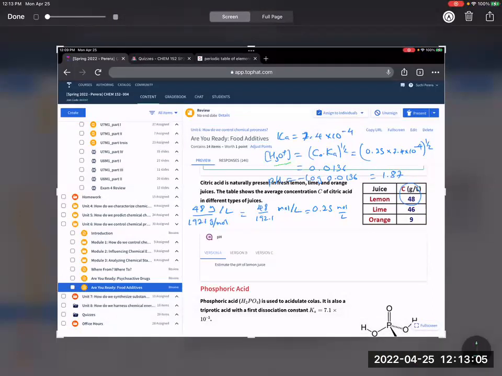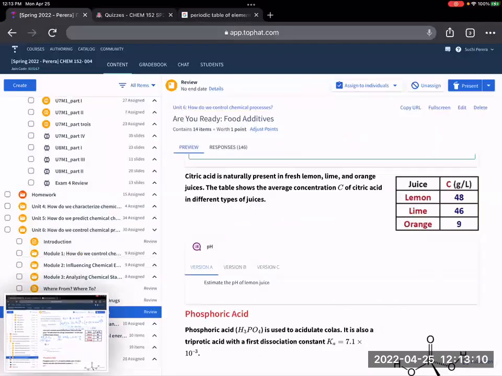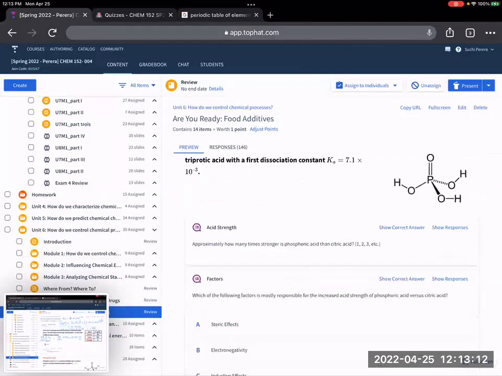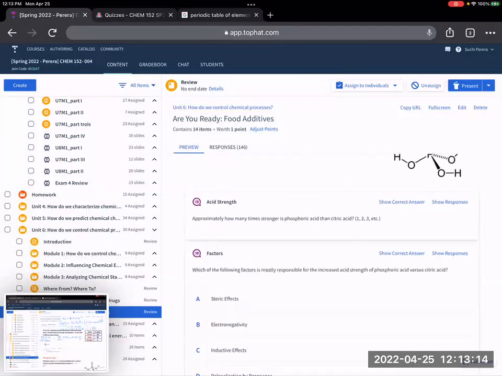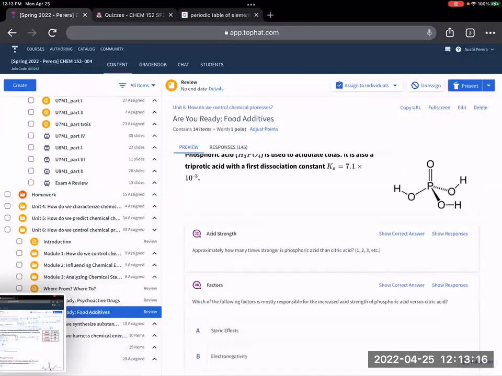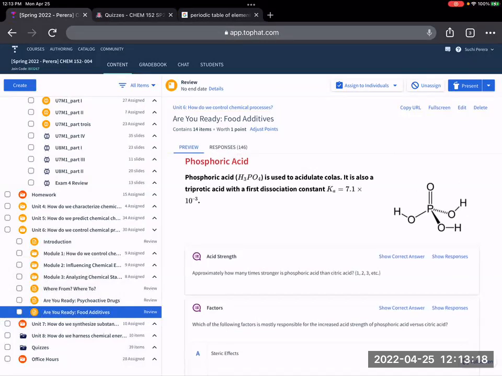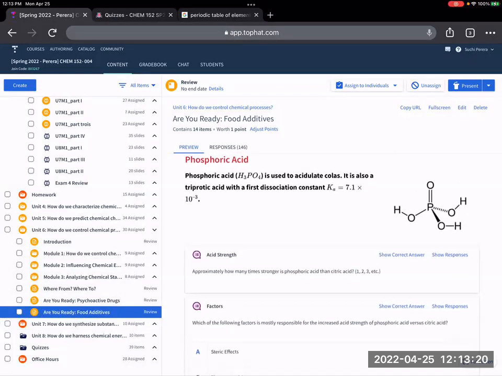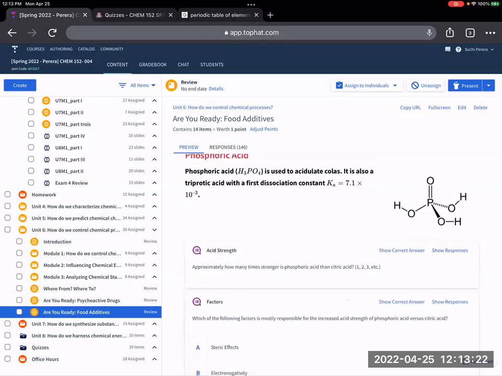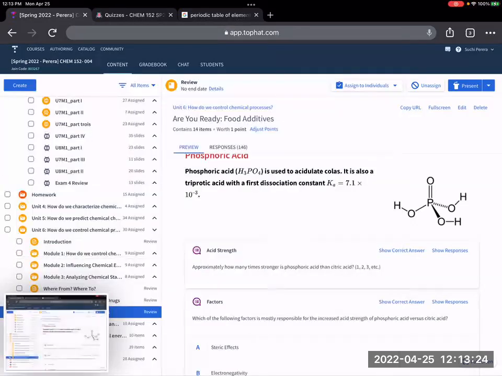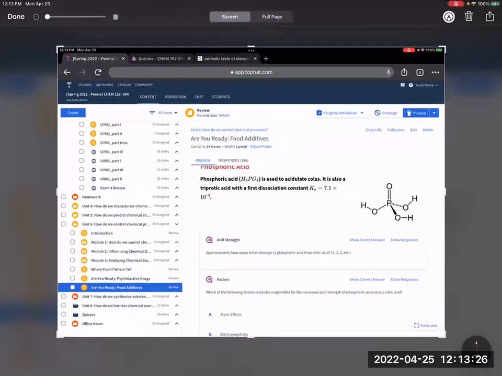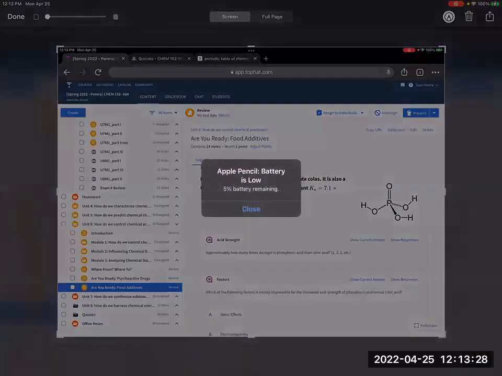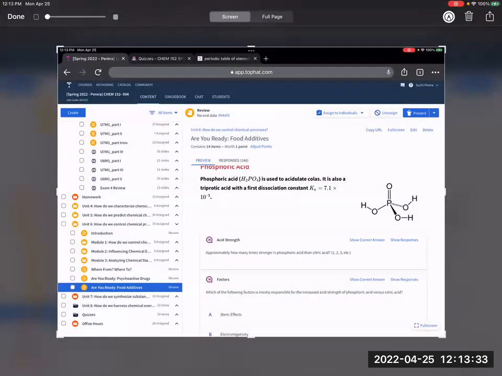Now with that, let me see if we have some more questions. Yeah, we have a few. Approximately how many times stronger is phosphoric acid than citric acid? The question is about the Ka. The strength of an acid depends on the Ka value.